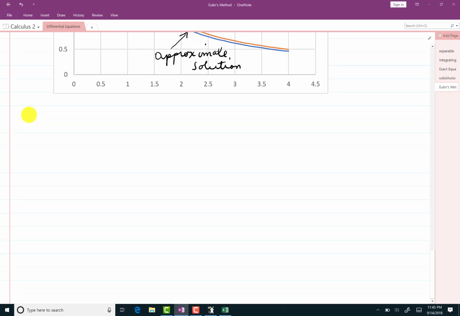Now let's work a problem where we do not know the solution beforehand. And that simply looks like this. We're going to approximate y prime equals x squared plus y squared, y of 0 equals 1.